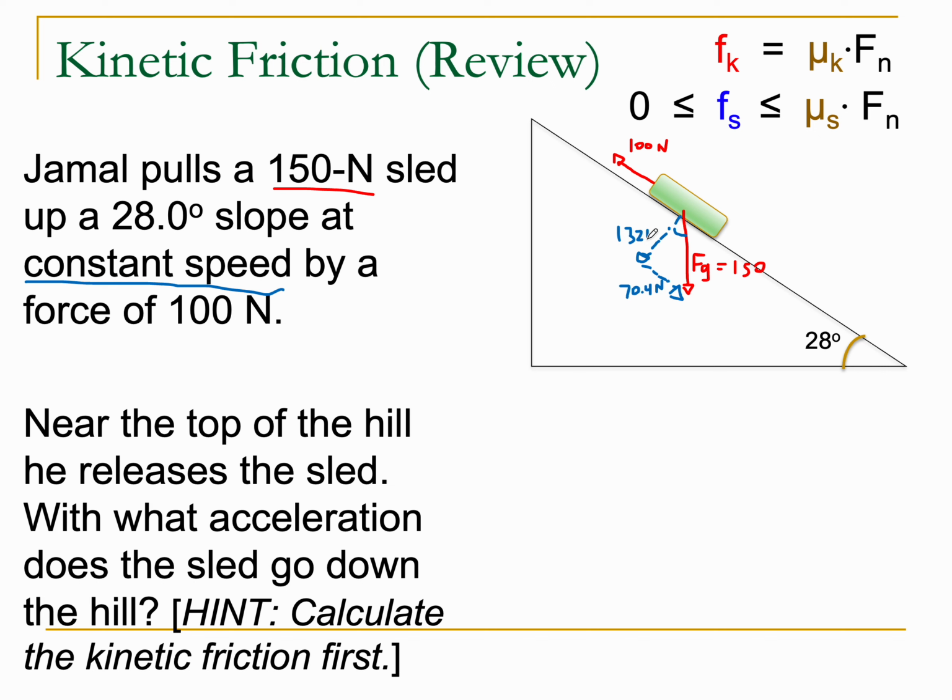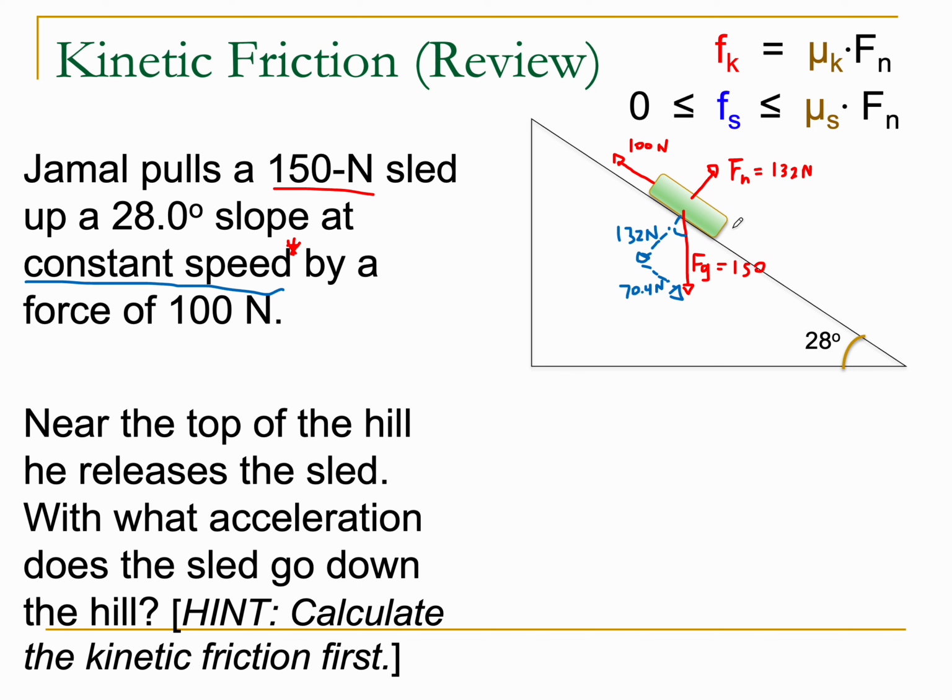And the moment we get those, we can solve everything else. What do we know? We know the normal force here has to be 132. And finally, if it's going at a constant speed, we know that the sum of the forces must be 0.